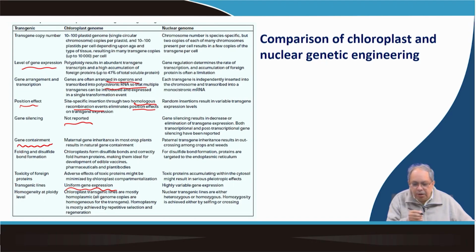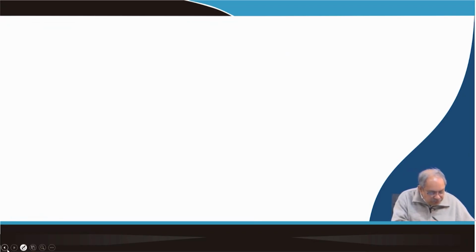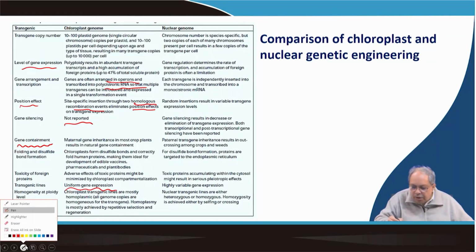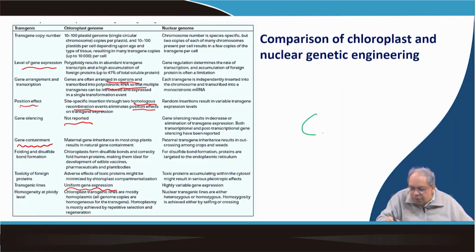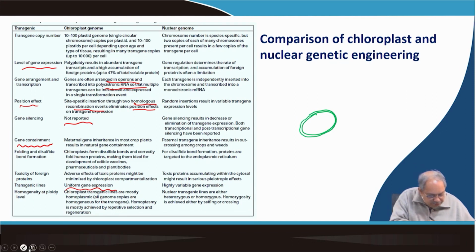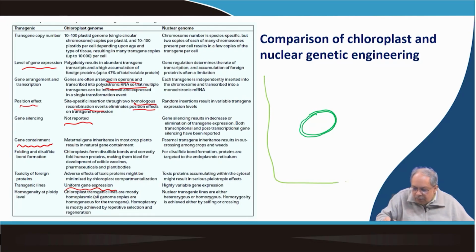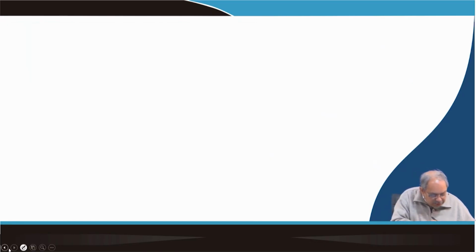the nuclear genetic engineering. But there is one important point to mention here: when you transfer a gene into the chloroplast, the chloroplast lies within the cell. It has a double membrane structure, and it is there in the plant cell.